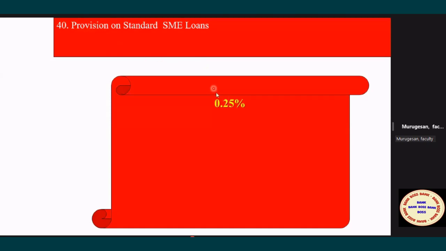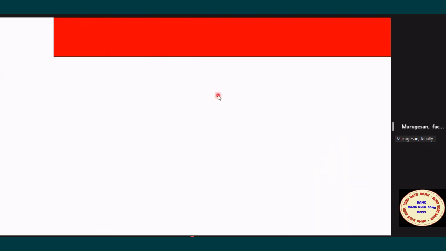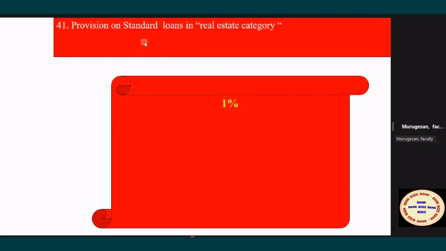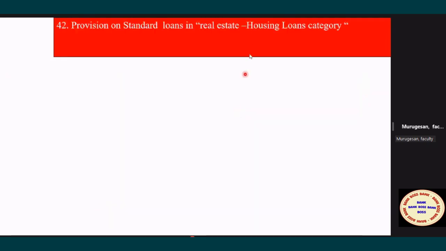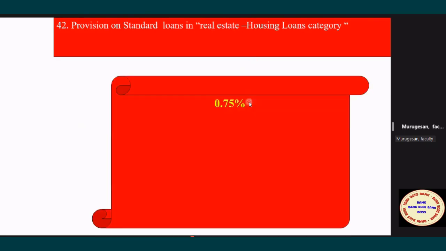This is only for standard assets. If it is in the real estate category, it is 1%. The standard loan also will be provided for at the rate of 1%. And for real estate housing, that is the housing loan within the complex, it will be 0.75.